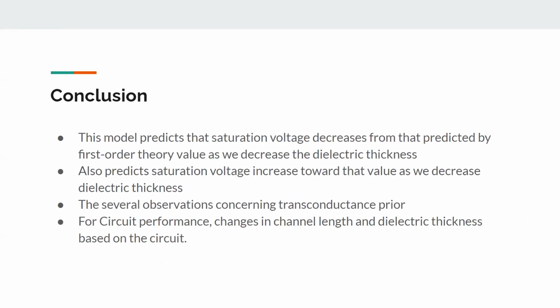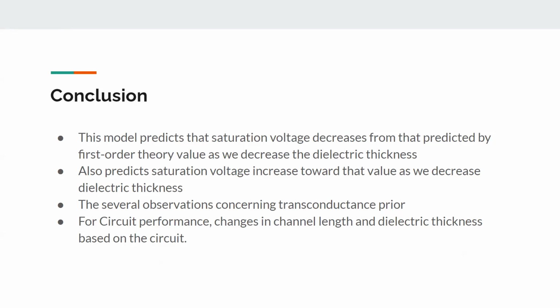So what do we conclude from all of this? We conclude that this model predicts the saturation voltage decreases from the value predicted by first order theory as we decrease the dielectric thickness. Also, we predict that saturation voltage increases towards that first order theory value as we increase the dielectric thickness.